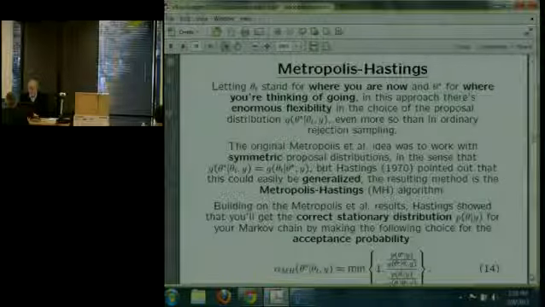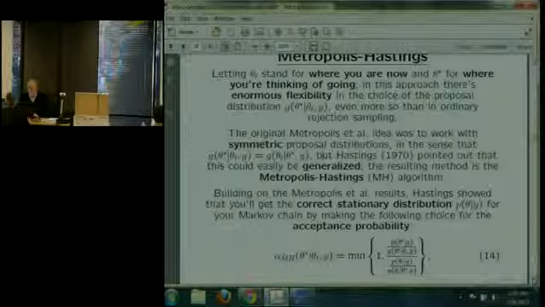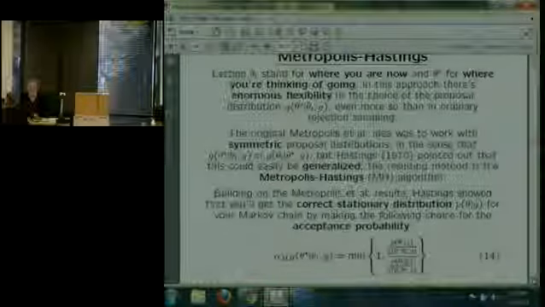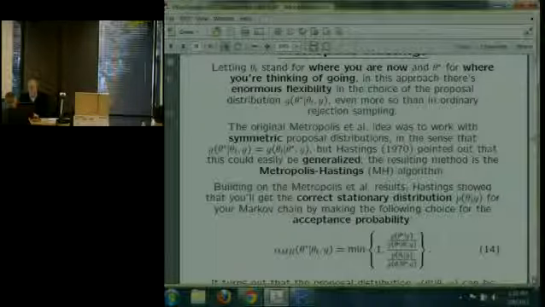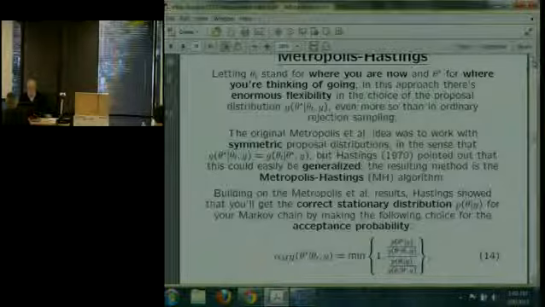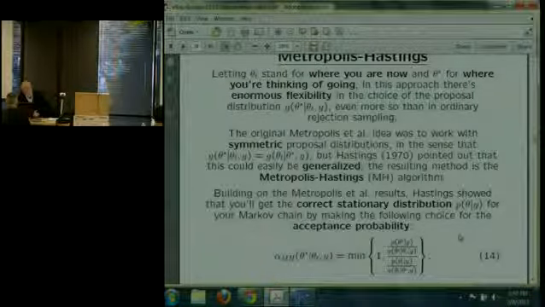And Hastings showed that you'll get the correct stationary distribution for your Markov chain by making the following choice for the acceptance probability. Now, this is a fancy way to write things, but the idea of min of something with 1 and something else simply says, if the ratio to the right of the 1 comes out bigger than 1, then you accept with probability 1.